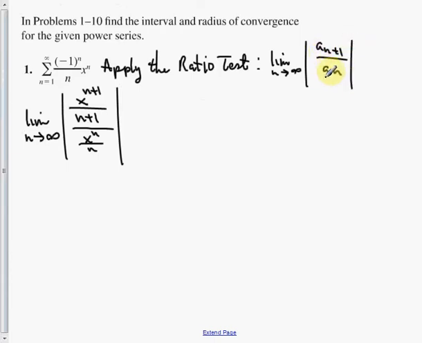So we examine here. If this is less than 1, then we have convergence. It converges absolutely. If it's greater than 1, then we have divergence.